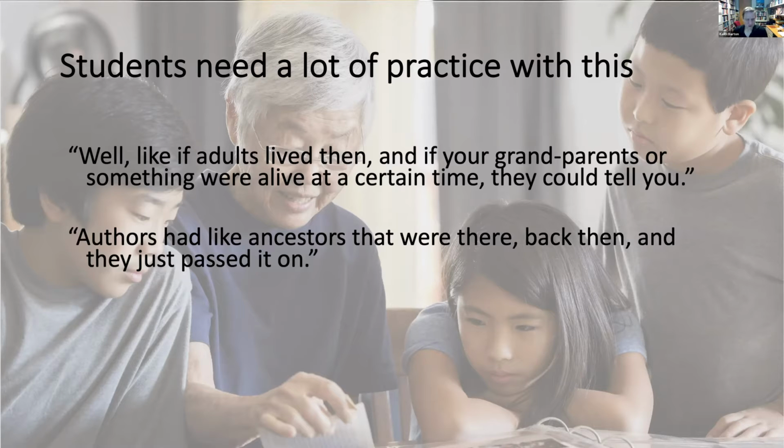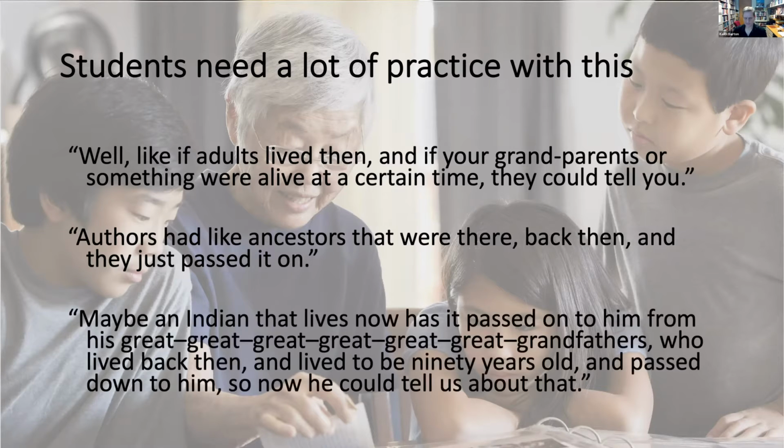I asked one group of students, who'd just been studying Native American life, okay, you're looking at the period before settlers even got here, hundreds and hundreds of years ago. How do we know what their lives were like? One kid said, well, maybe an Indian that lives now has it passed on to him from his great-great-great-great-great-great-grandfathers who lived back then, lived to be 90 years old and passed down to him, so now he could tell us about that.